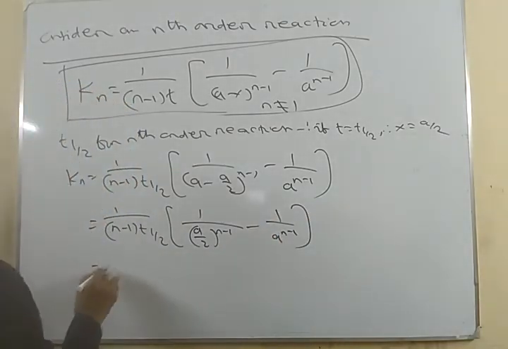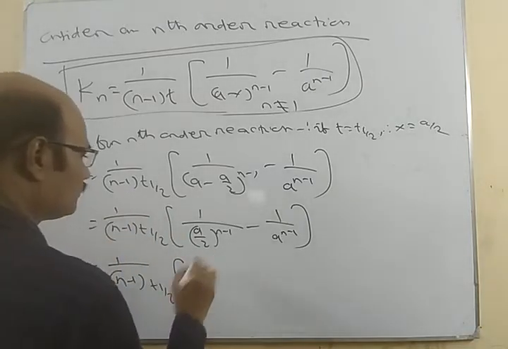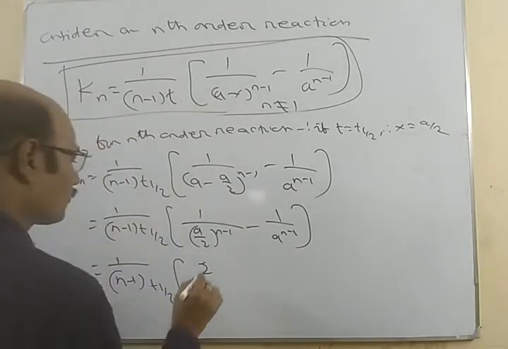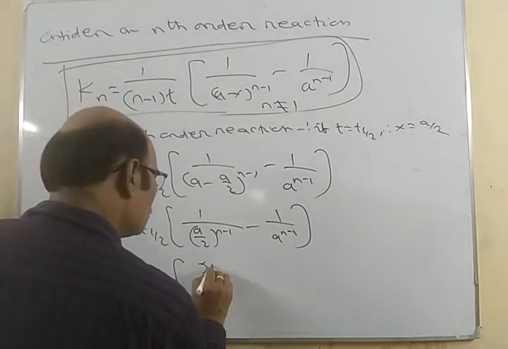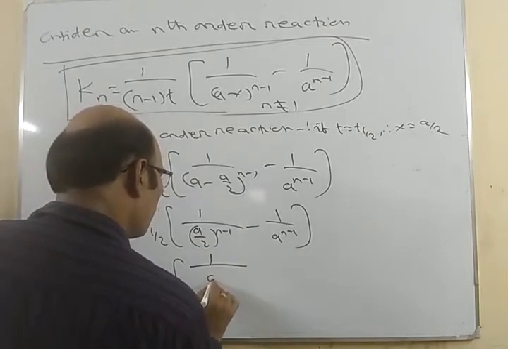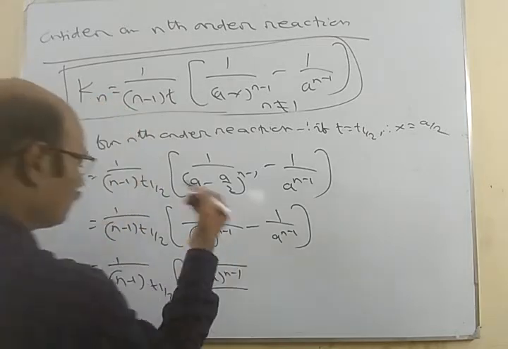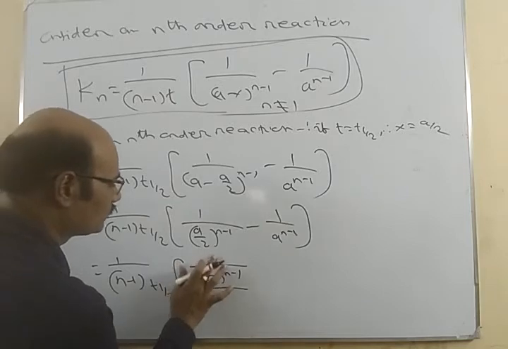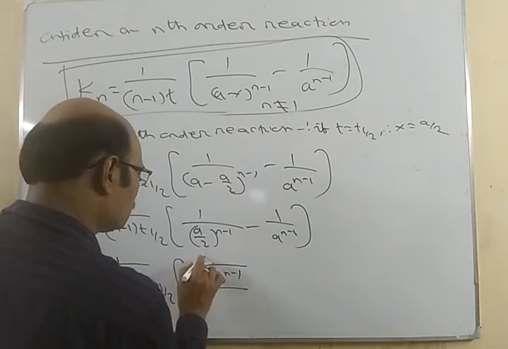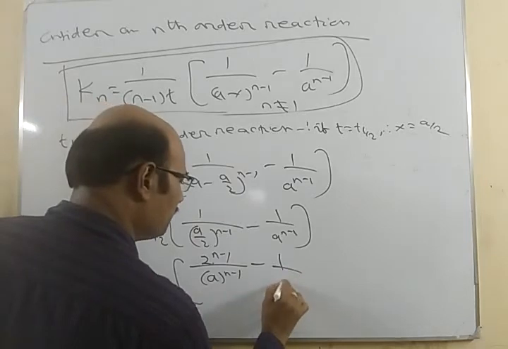Okay, or you can write equal to 1 by n minus 1 into t half into 2 power n minus 1 by a power n minus 1 minus 1 by a power n minus 1.